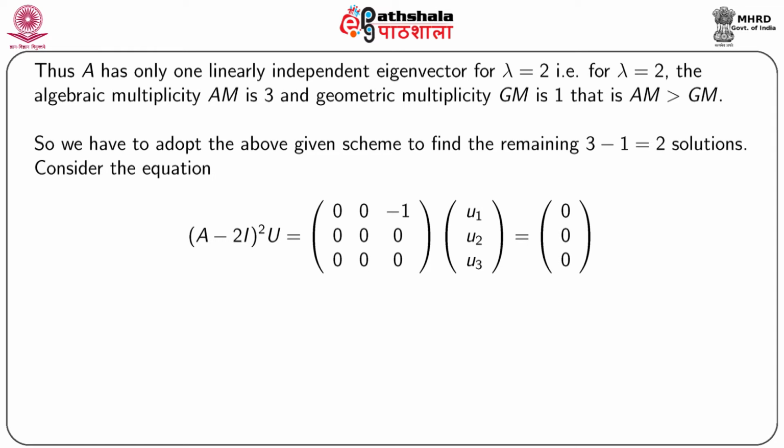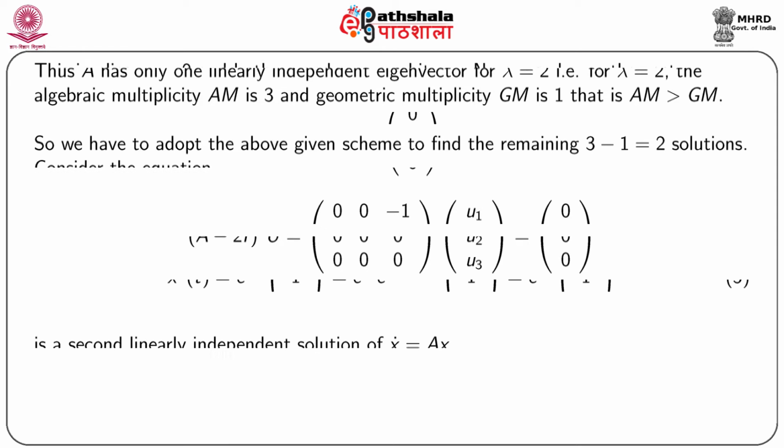Please note, if I multiply this, I will get 0 into u1 plus 0 into u2 minus 1 into u3 equal to 0, which gives u3 equal to 0 and u1 and u2 arbitrary, because from the other two equations, 0 into u1 plus 0 into u2 plus 0 into u3 equal to 0, we cannot conclude anything about u1 and u2.